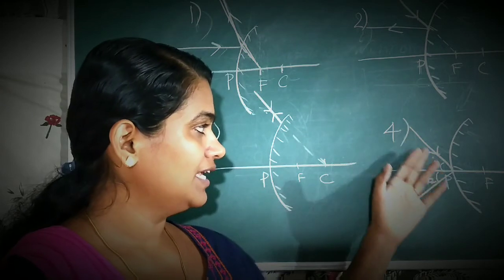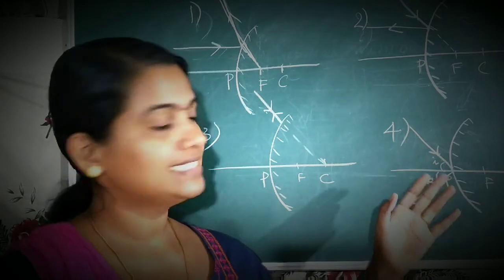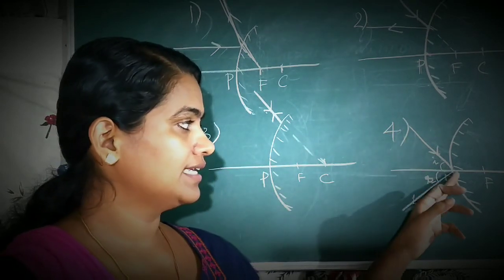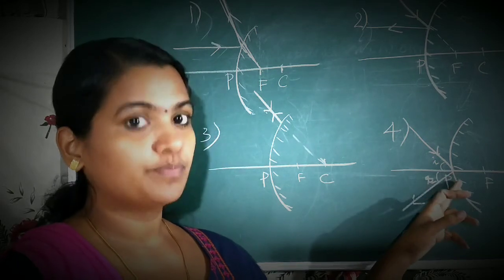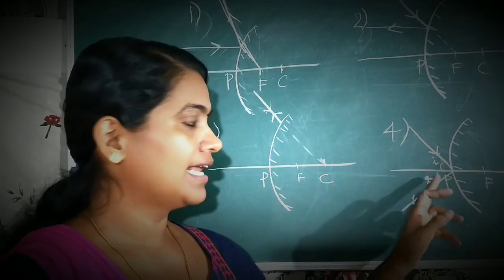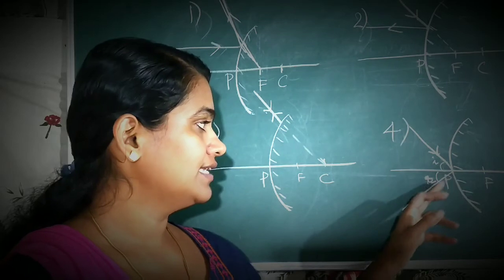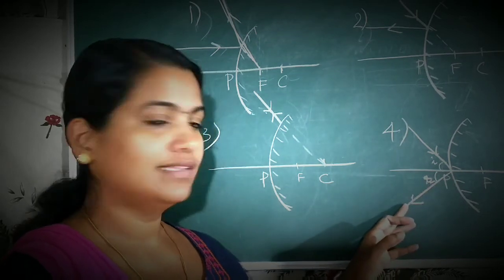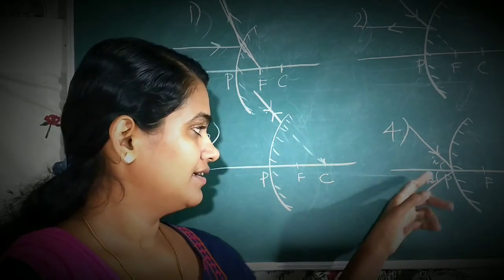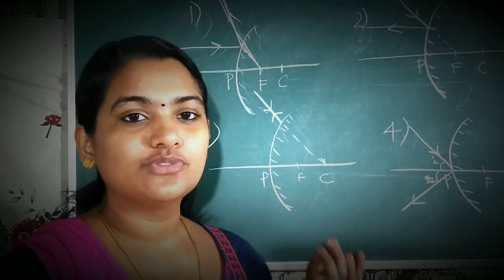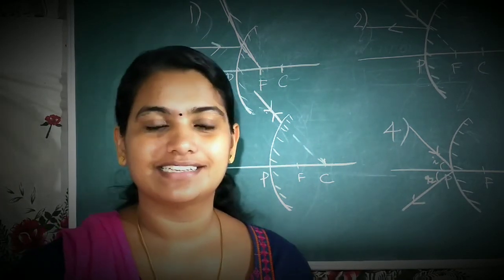So if the incident ray is coming like this and hits the mirror at the pole, making an angle I, then it gets reflected through this path with the reflected angle equal to the incident angle.